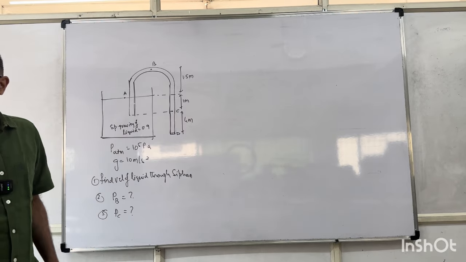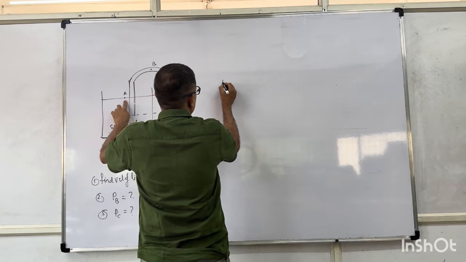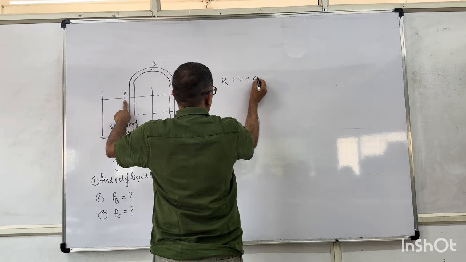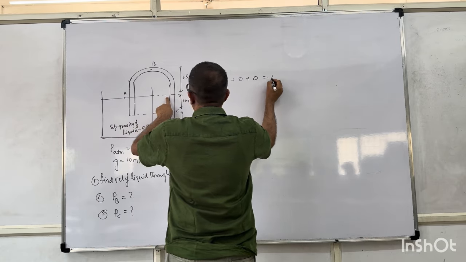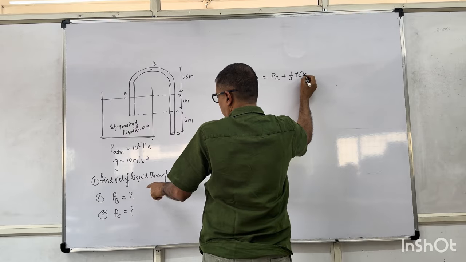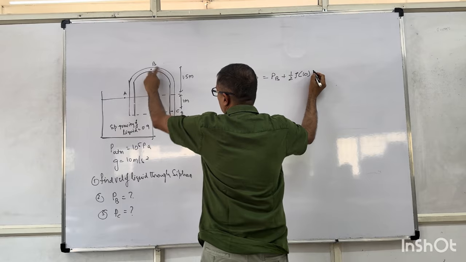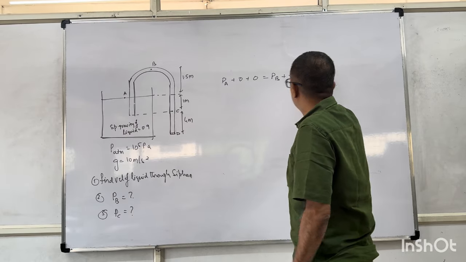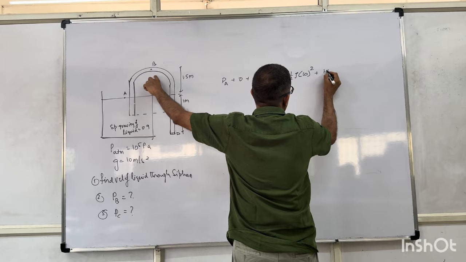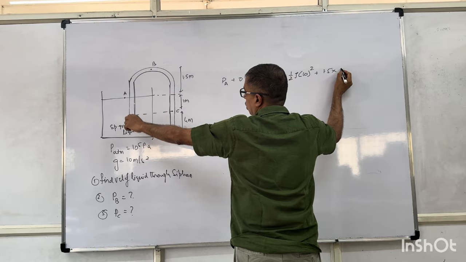Anywhere. Pressure at A plus half rho V square is 0, potential energy is 0. Pressure at B plus half rho V square is 10 square. How much did you calculate velocity inside the fluid? 10 square plus height will be 1.5 h rho.